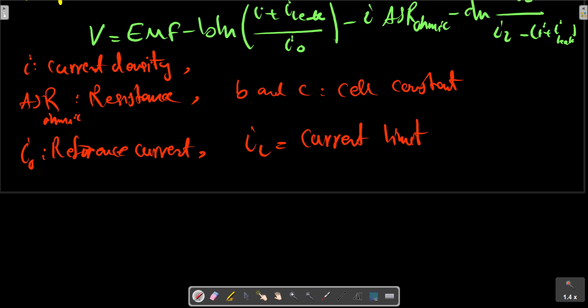Two examples of this equation are shown in the next picture.